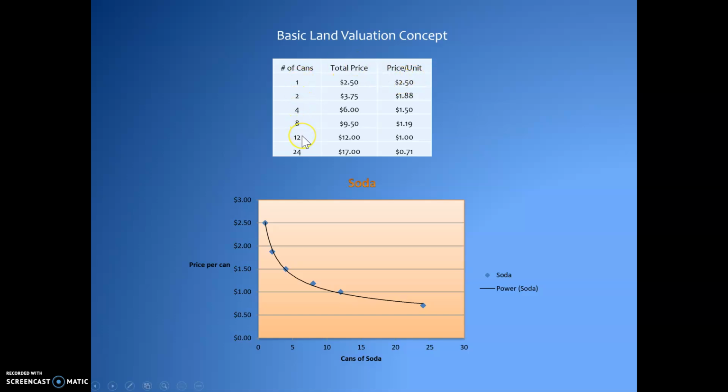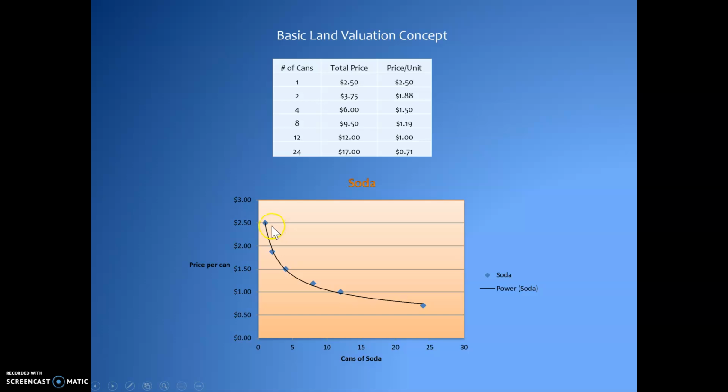Now, if we decide to buy a 12-pack of said soda, our overall price is going to be $12, making our price per unit only $1. So you can see as our units increase, our total price also increases, but our price per unit is decreasing.